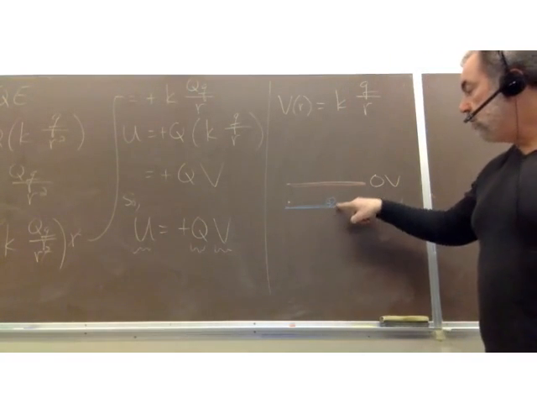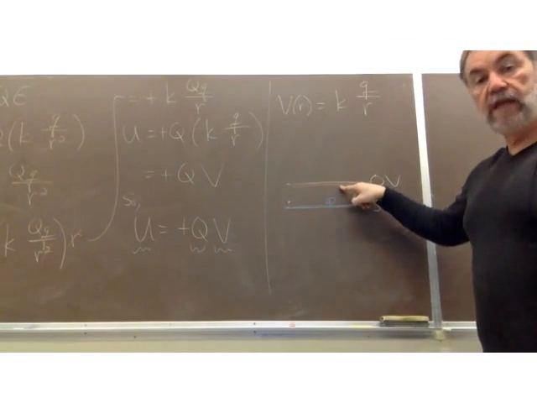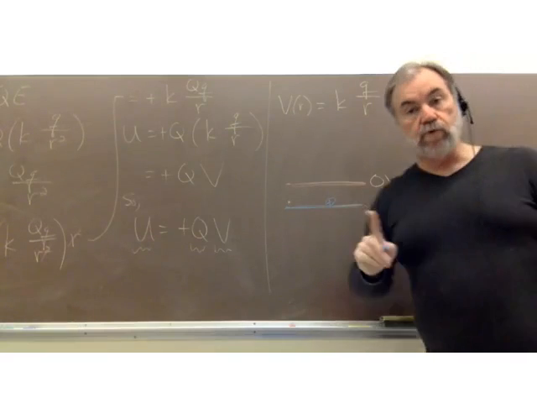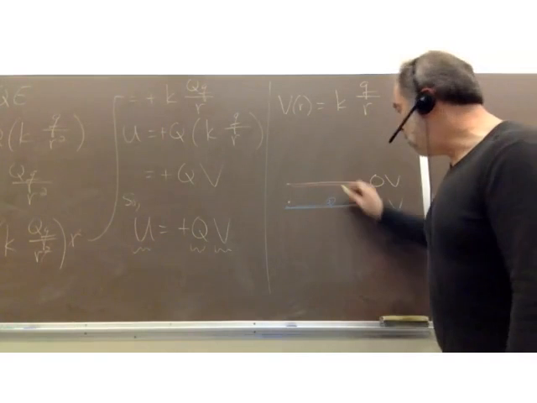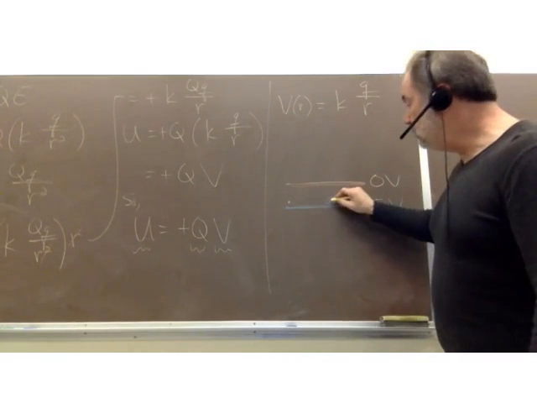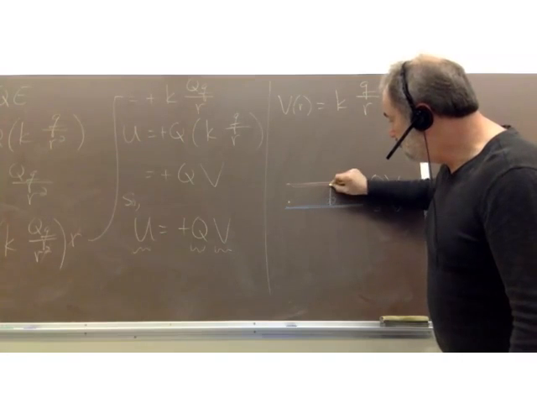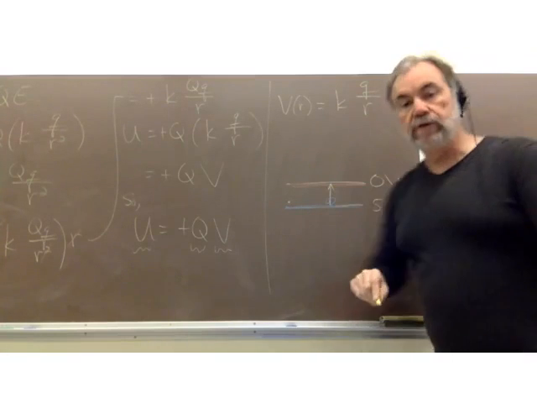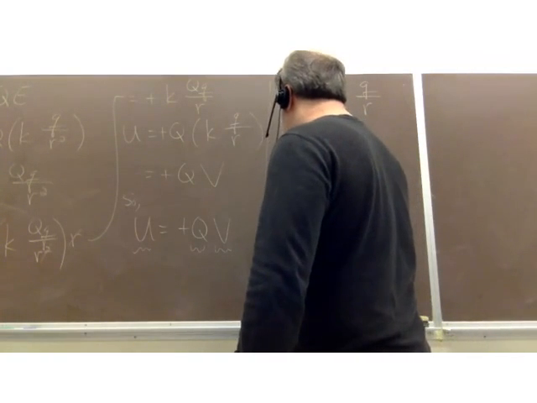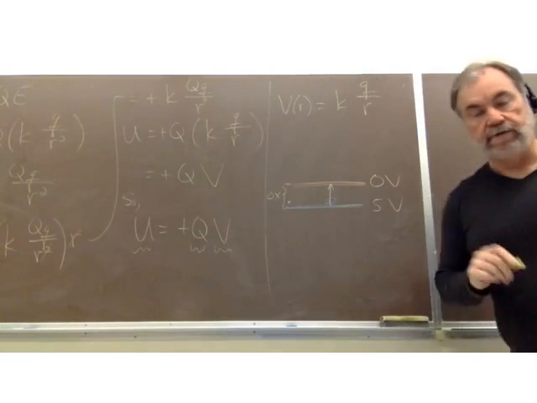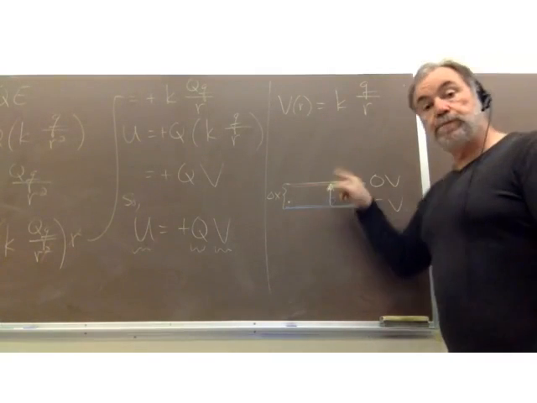It would be repelled by the positively charged metal plate and attracted to the negatively charged plate, so it would spontaneously move from the positive plate to the negative plate, through this distance, delta x.